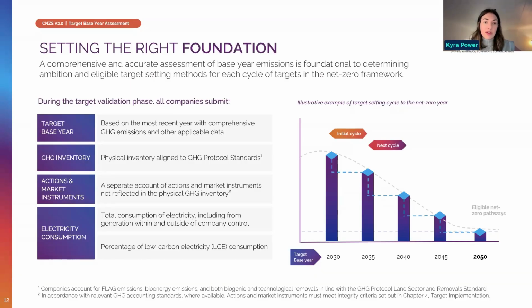The greenhouse gas protocol standards are evolving, we realize that, and we're attempting to maintain alignment with their ongoing updates by emphasizing that companies must separately account for and report actions and market instruments not currently reflected in the physical inventory. Finally, all companies must report their total consumption of electricity, as well as calculate and report the percentage of total electricity consumption that meets the threshold to be considered low carbon. This is defined in the standard.